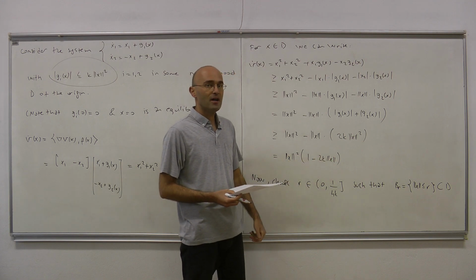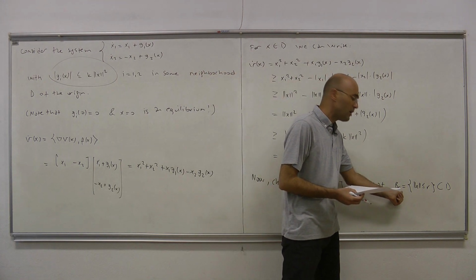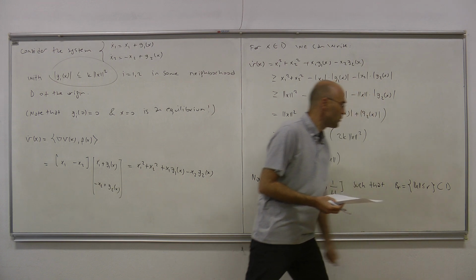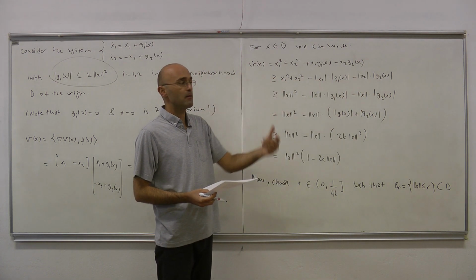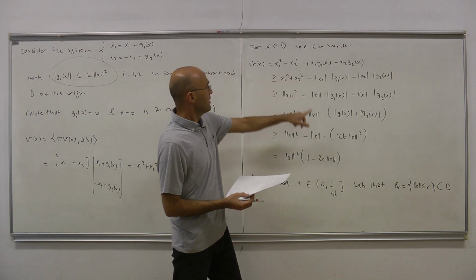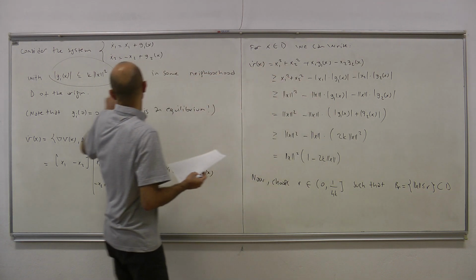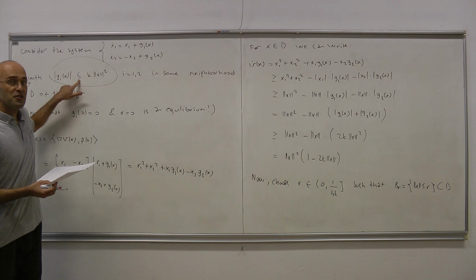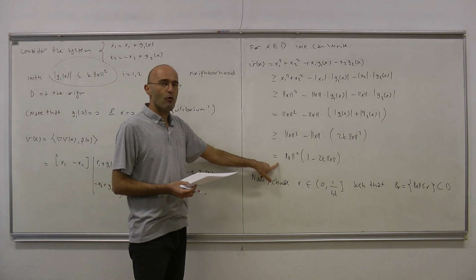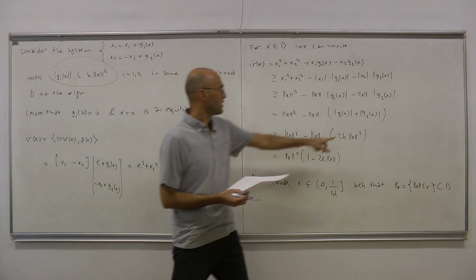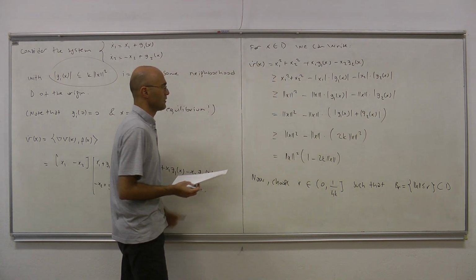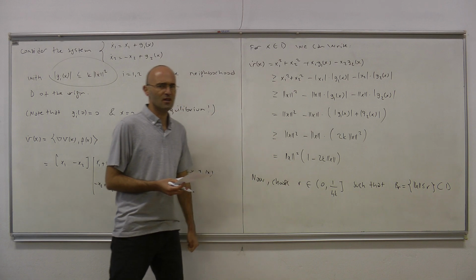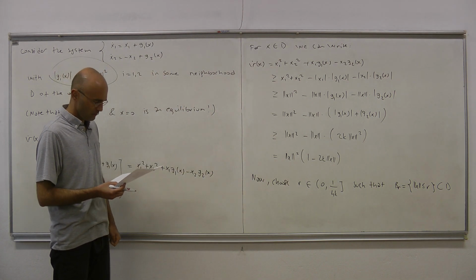But also we want R to be small enough so that we are within the neighborhood D. Because if we are outside neighborhood D, then we cannot use this inequality, and then what we have obtained would be invalid, because from this line to this line we used that inequality to obtain this lower bound on V dot.